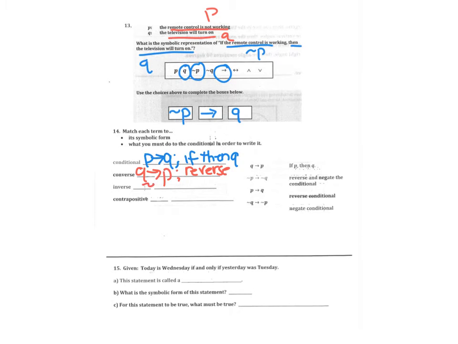Inverse is going to be your negate P, arrow, negate Q. So this is a negate. Contrapositive is going to be your not Q, arrow, not P. So what are you doing here? We're reversing and negating.